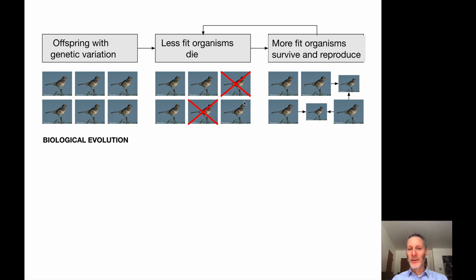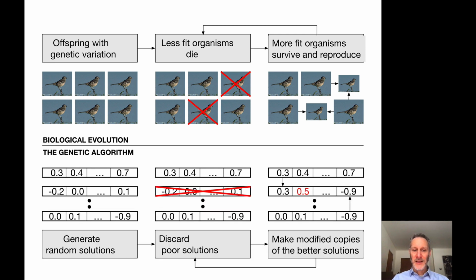So we have the more fit organisms, the ones that survive and reproduce. Less fit organisms die, and as we've all learned, this leads over time to a population of organisms that are more and more fit to their environment. That's biological evolution. We can take this idea and distill it down into a computer program.